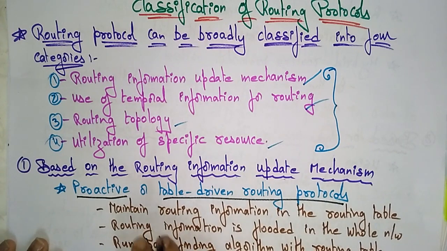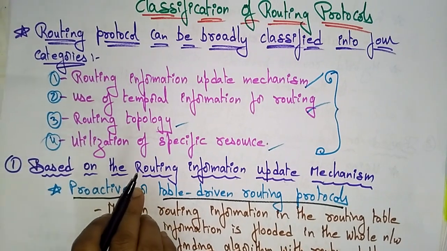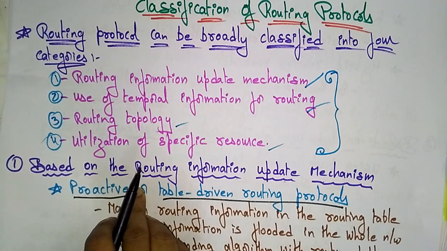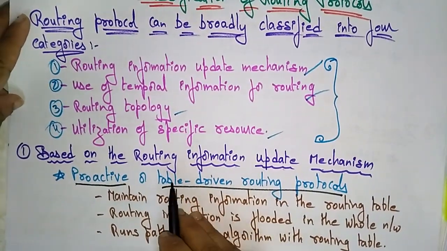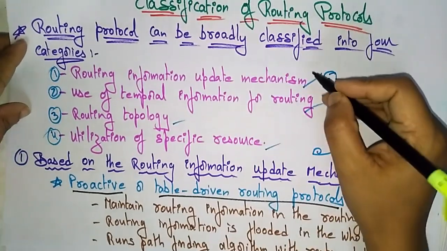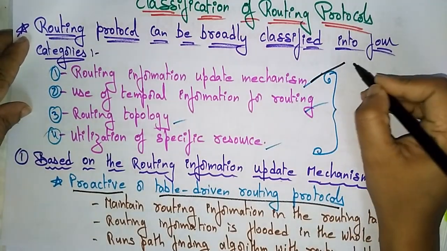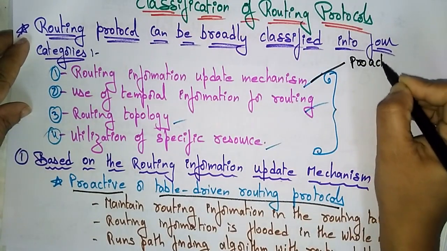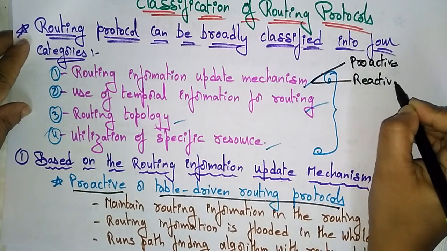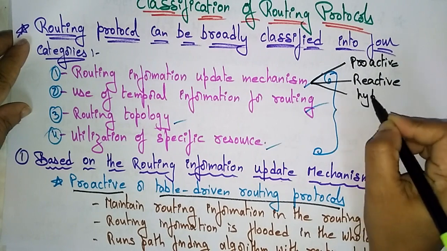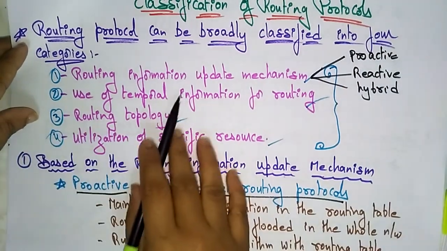This routing information update mechanism is divided into 3. One is proactive, another is reactive, and next is hybrid. So I'm talking about the first one.